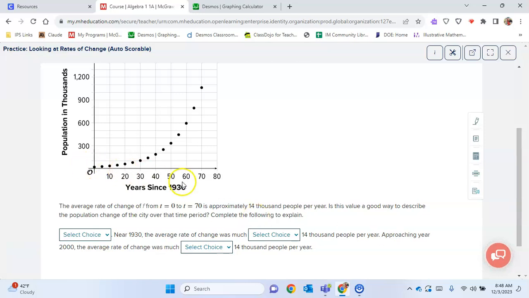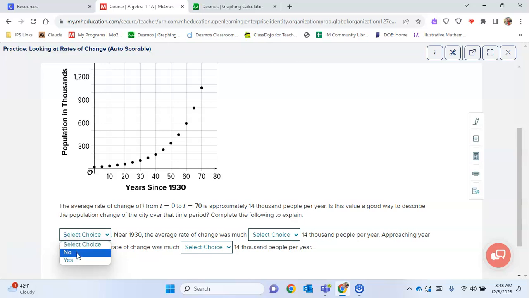Okay, so that's from the year 1930 plus 70 is the year 2000. So they're saying this amount of change between those 70 years is about 14,000 people per year. Is this a good way to describe the population change of the city over that time period? Complete the following to explain.